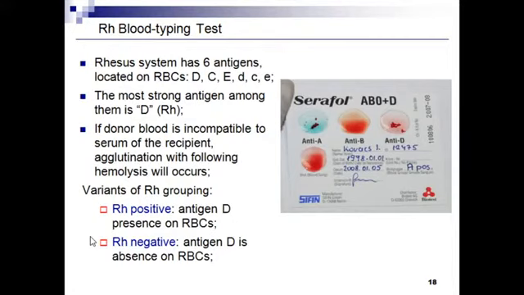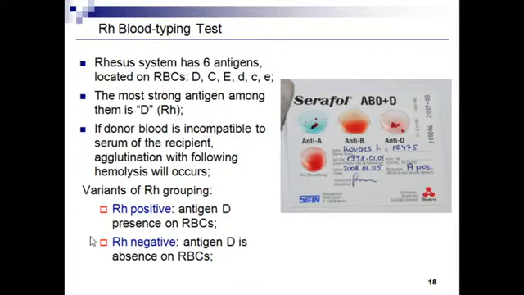RH blood typing test. How to define the presence or absence of the Rh factor on erythrocytes. If donor blood is incompatible to the serum of the recipient, agglutination with following hemolysis will occur. The technique of the reaction is similar to blood grouping according to ABO.